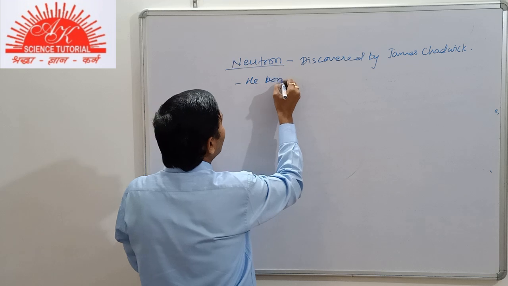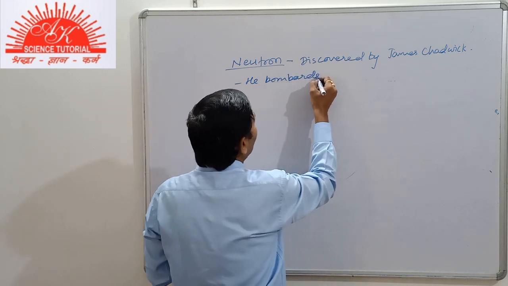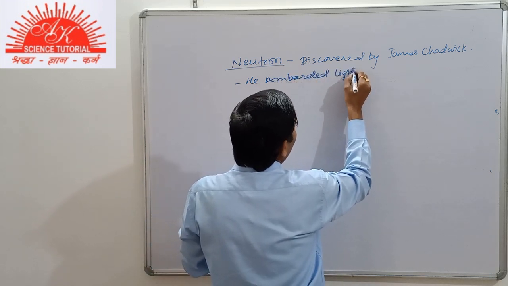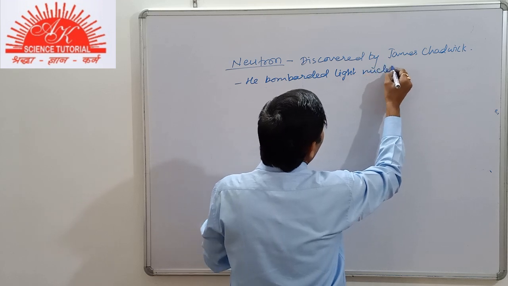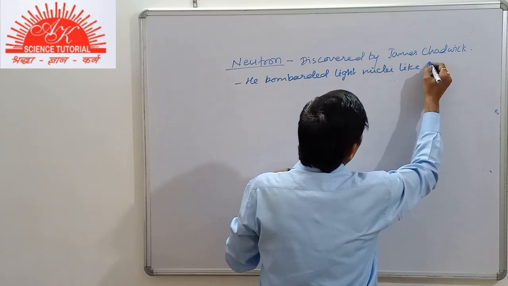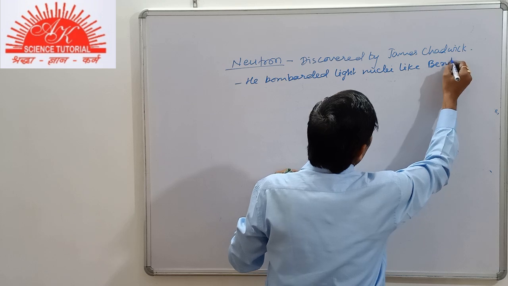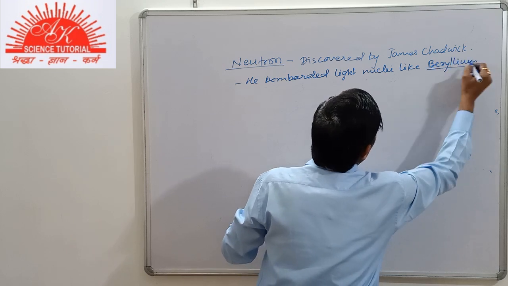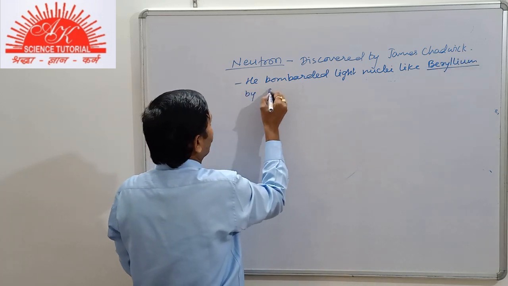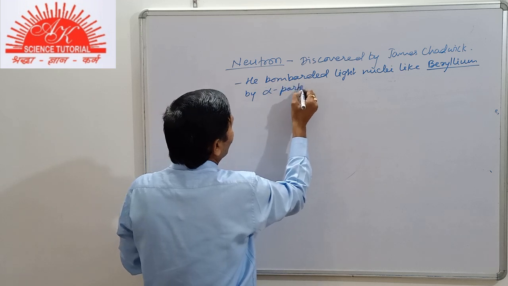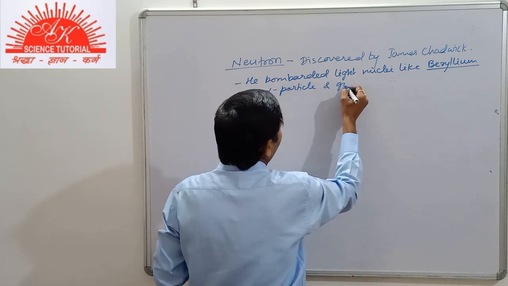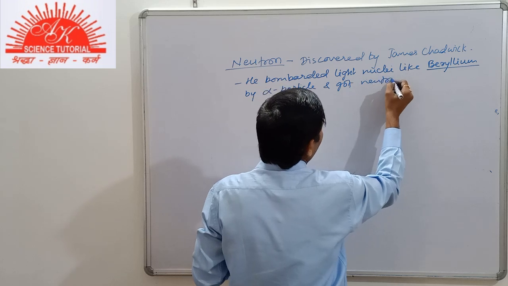He bombarded light nuclei like beryllium by alpha particles and got neutrons.